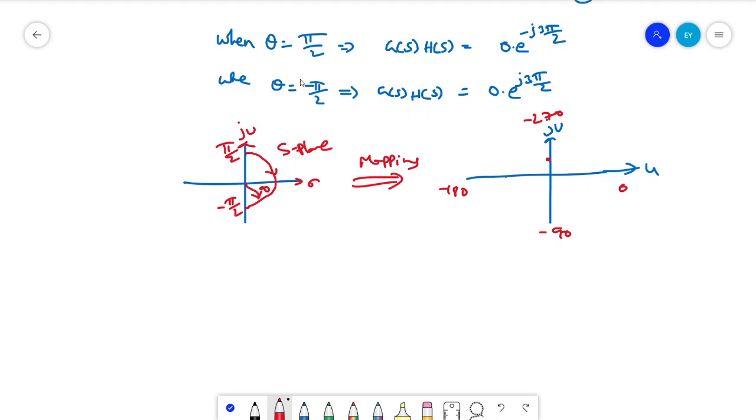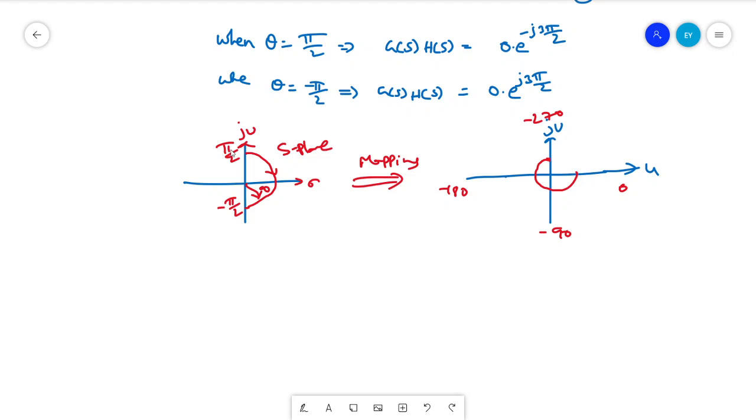0 to minus infinity, it is making this particular arc till 0, from here to 0, and when omega is equal to 0, it is varying from minus 3 pi by 2 to 3 pi by 2, for pi by 2 to minus pi by 2 in the S plane.